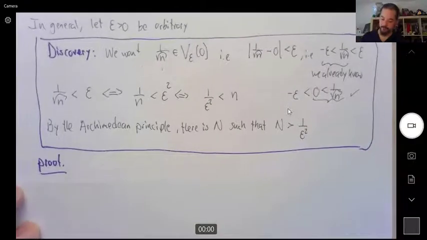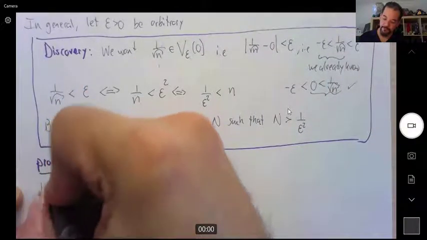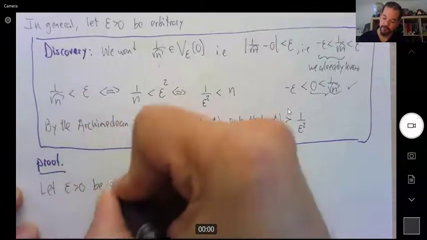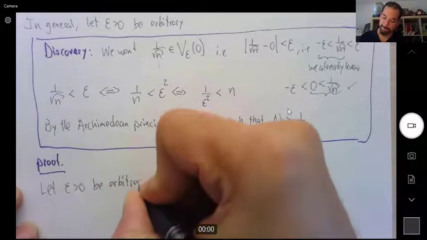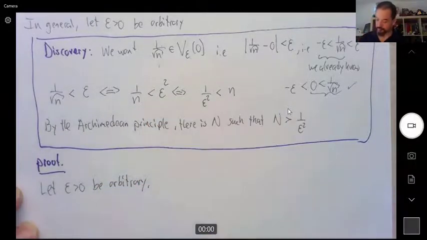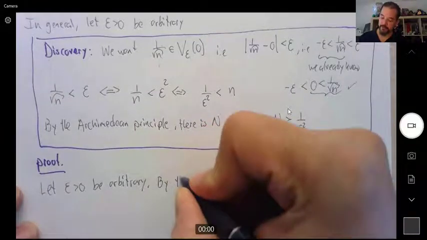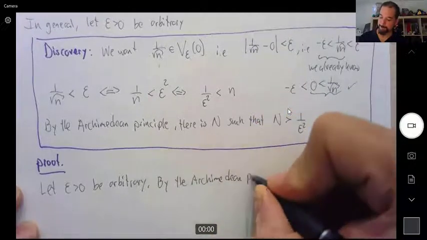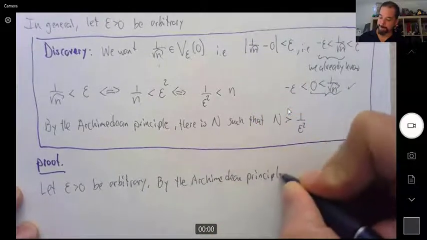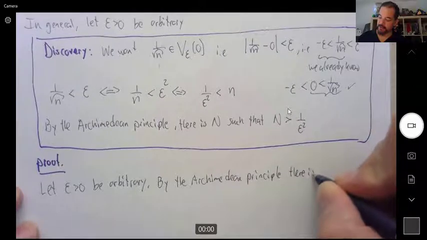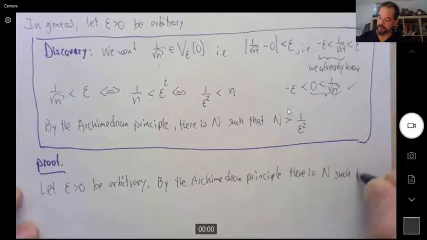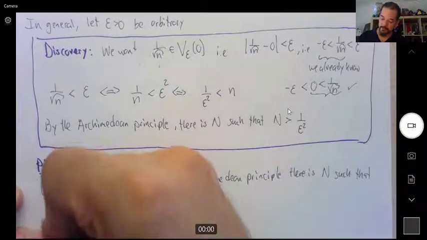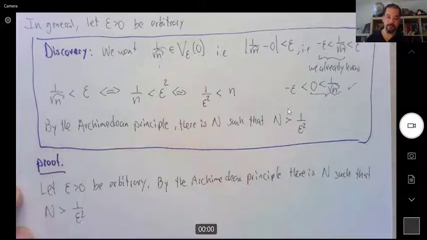Okay. So we pick an arbitrary epsilon. Let epsilon greater than 0 be arbitrary. Then we say what capital N is by the Archimedean principle. There is capital N such that capital N is bigger than 1 over epsilon squared.